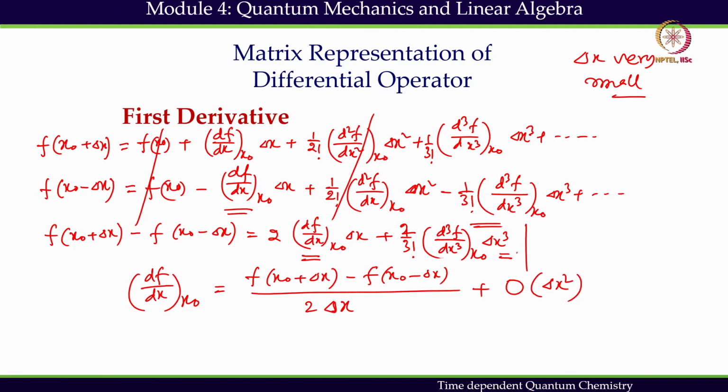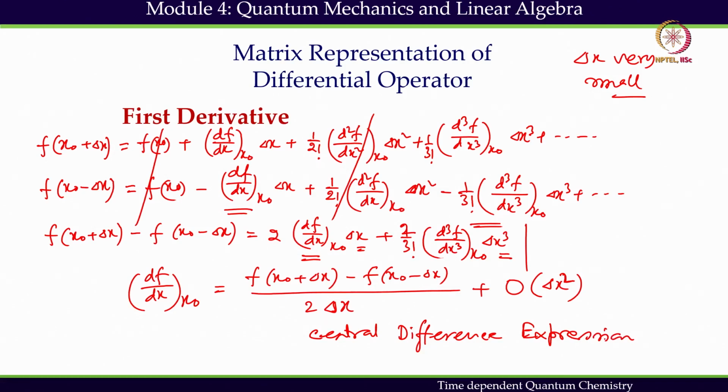This is cube, but I have to divide by delta x, and that is why I get an expression with delta x square. So what we see is that this is called the central difference expression.